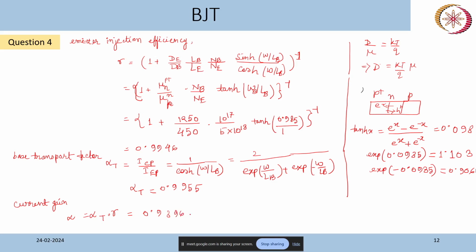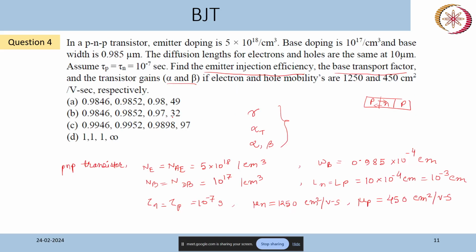And beta is alpha by 1 minus alpha. So that will be approximately equal to 96. So what will be the answer? Okay, so the answer is C.